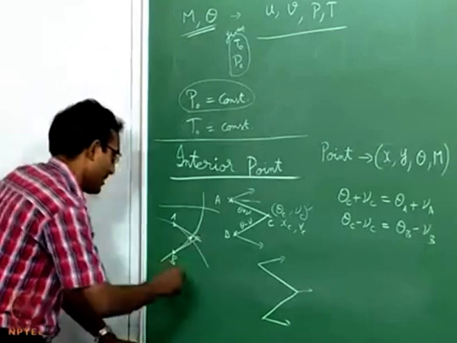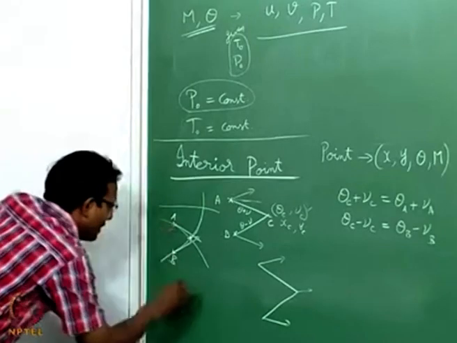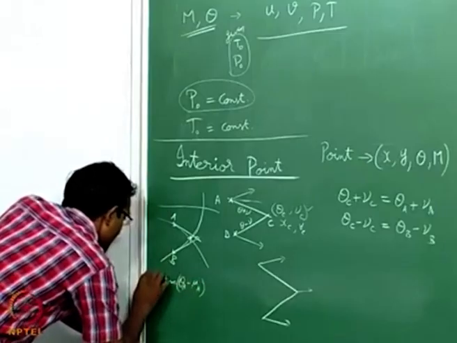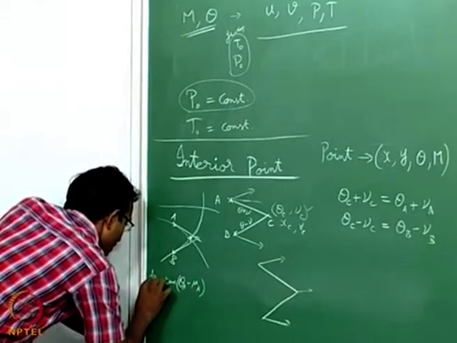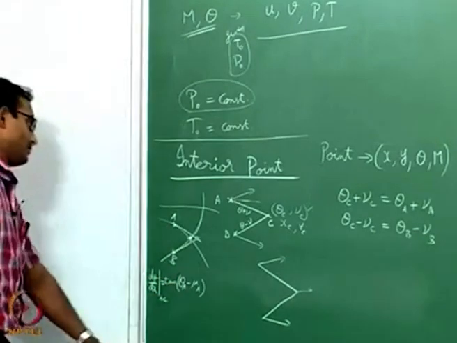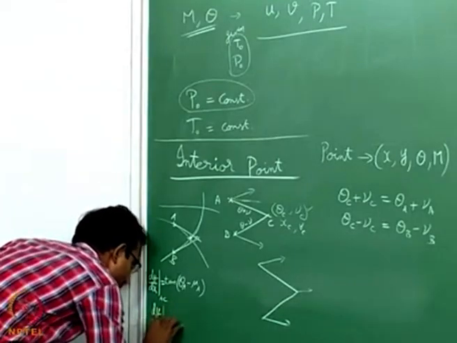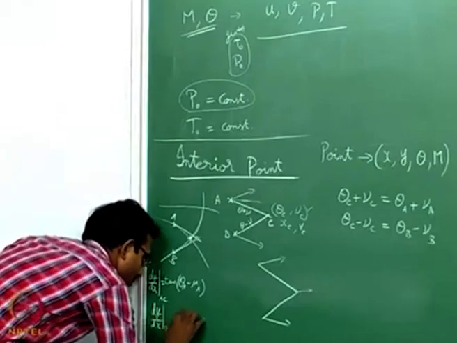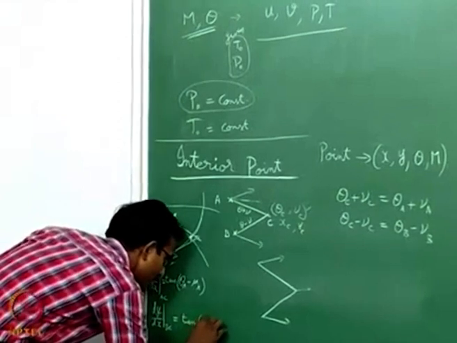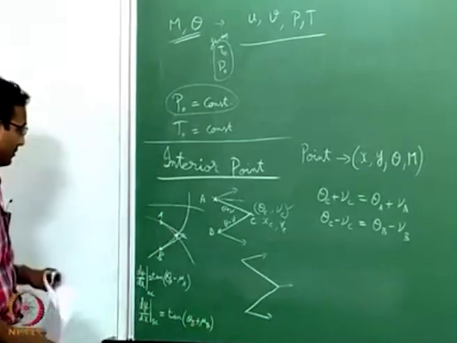So I can just go ahead and write tan of theta A minus mu A is my dy by dx of AC, and similarly dy by dx of BC is equal to tan of, this is a positive characteristic, theta B plus mu B. I can write like this.